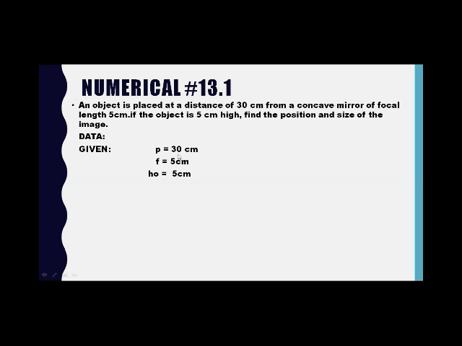So small p is equal to 30 centimeter. After that, the focal length is represented by the small f and its value is 5 centimeter. If the object is 5 centimeter high, this is the size of the object, represented by ho. I hope you understand what is given.